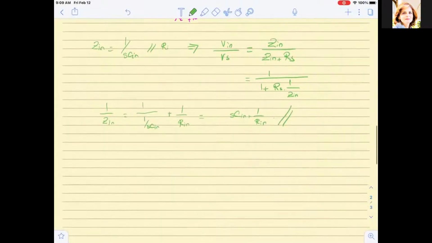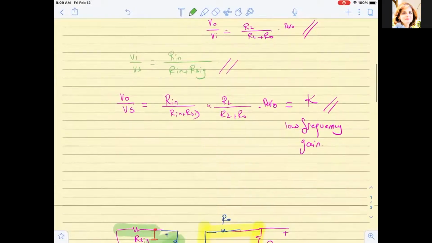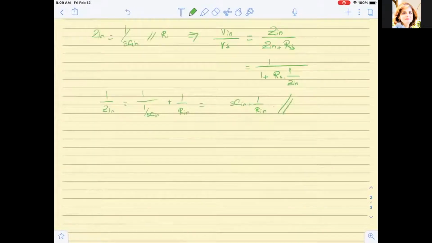Now if I want to write the overall gain, before I had Rn over Rn plus R sig. Now I'm going to write Vn over Vs. It is equal to 1 over 1 plus R sig into SCn plus 1 over Rn.